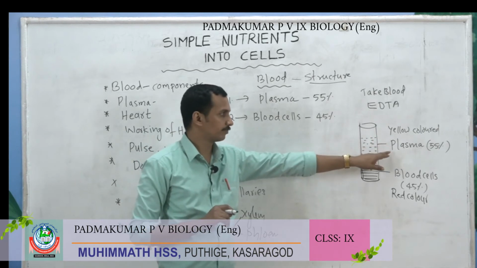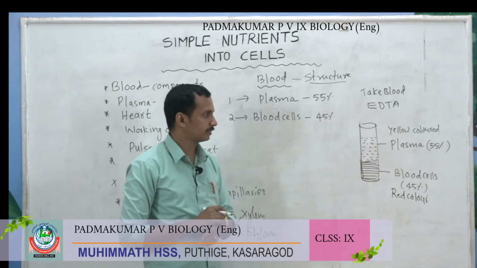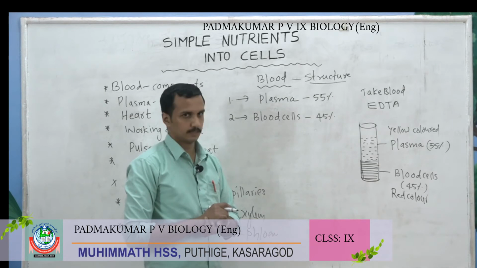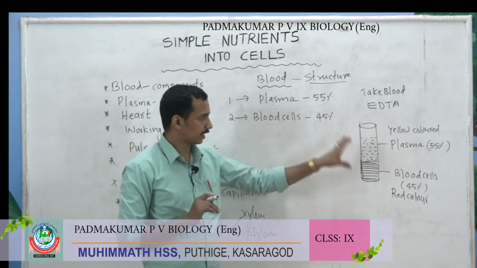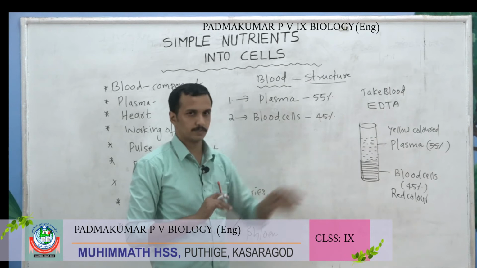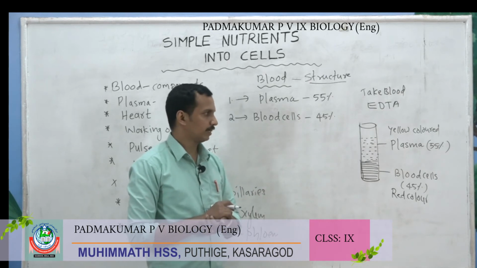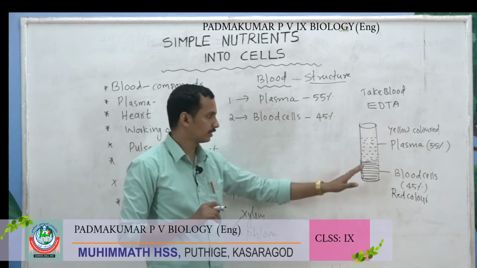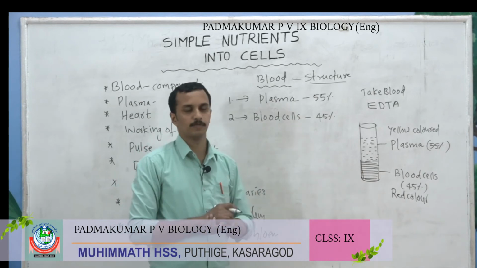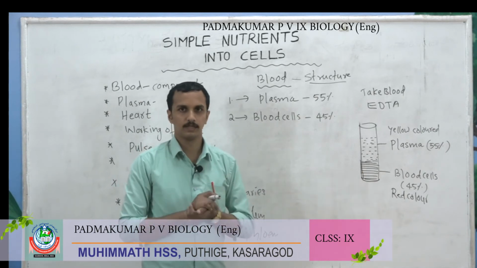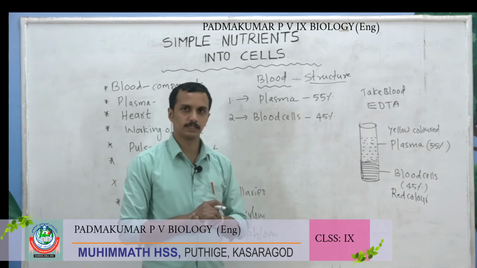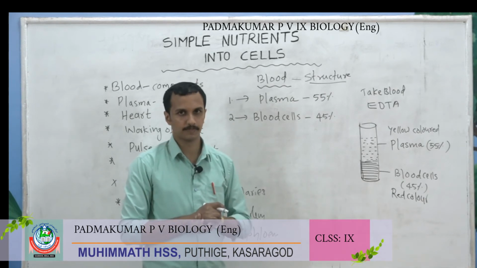That is 55% will be light yellow colored, that is plasma, and the remaining region, 45%, is usually blood cells, which are usually dark red in color.